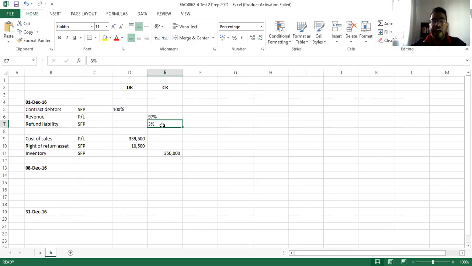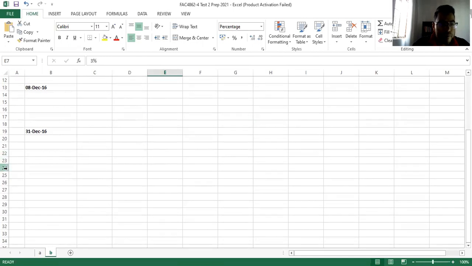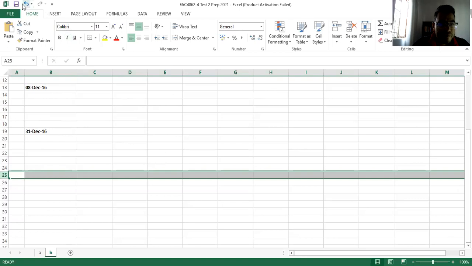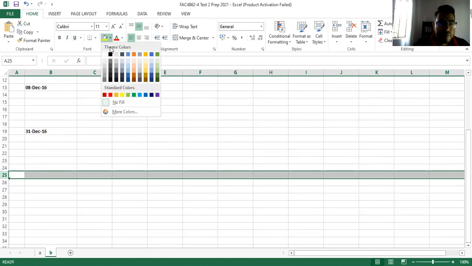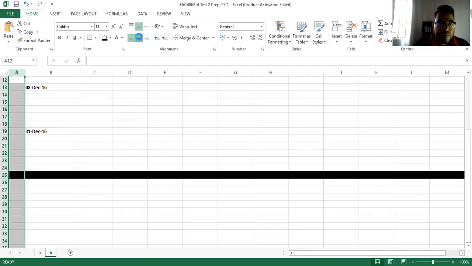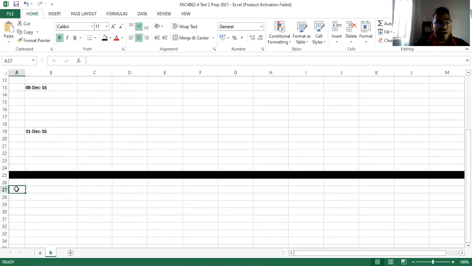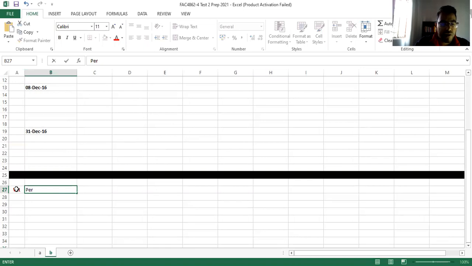Let's do the calculation. Let's do the allocation so that we can determine what the split is. So let's have working one. First, let's work out the transaction price.